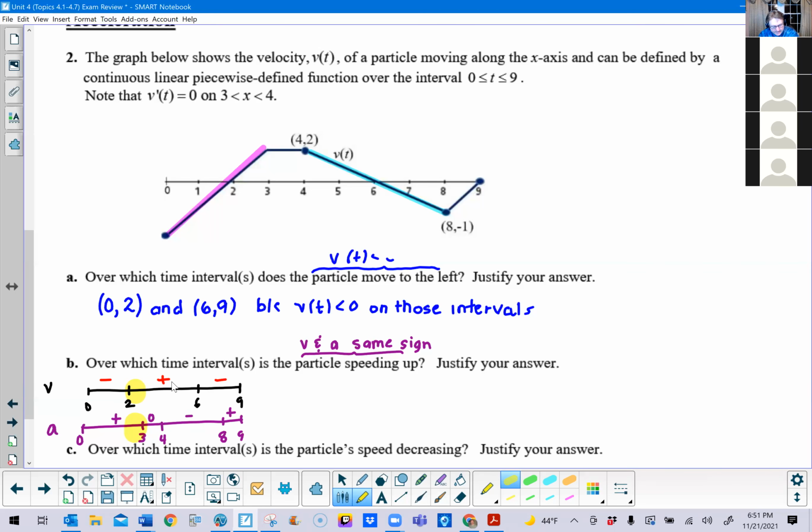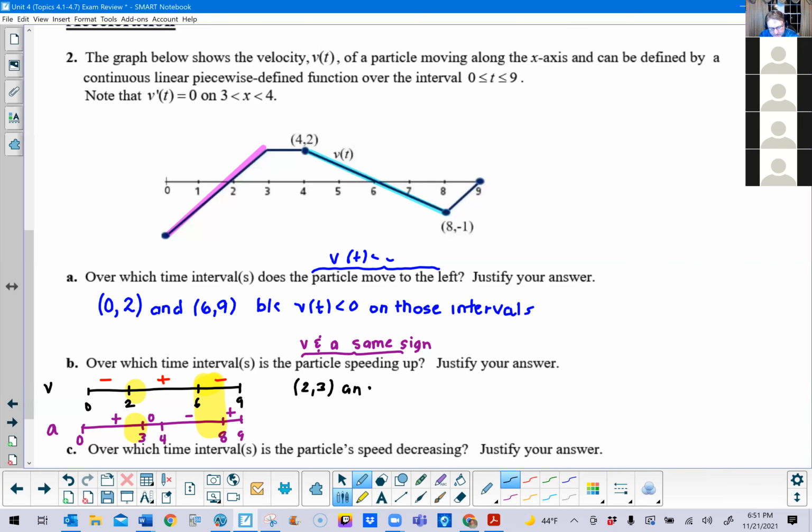Here I've got a negative and a positive on top of each other. That's not good, but negative, and that negative is going to be consistent between 6 to 8, it looks like. And then from 8 to 9, my signs are different again. And so we're going to say the intervals would be from 2 to 3 and from 6 to 8.